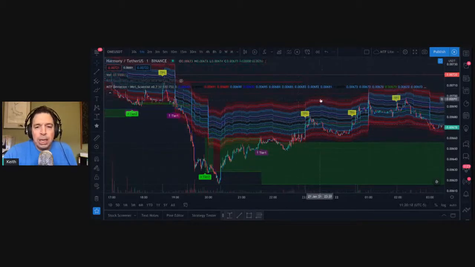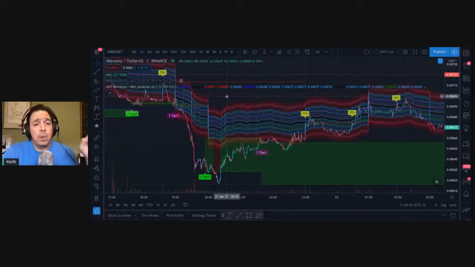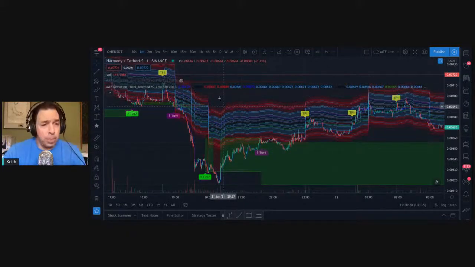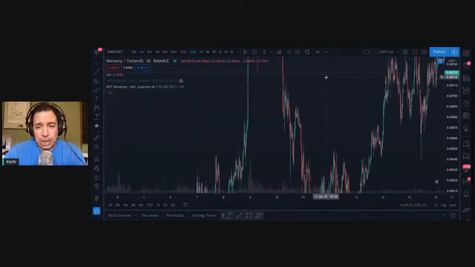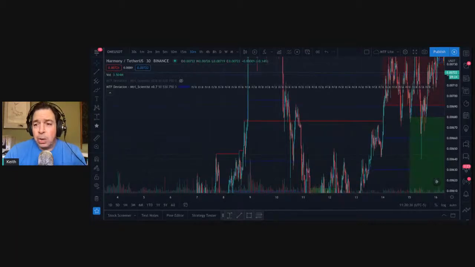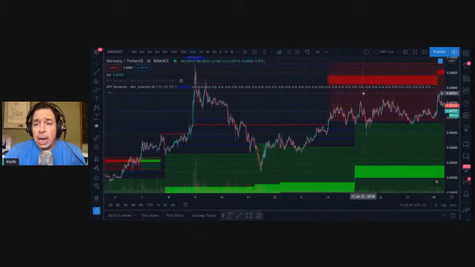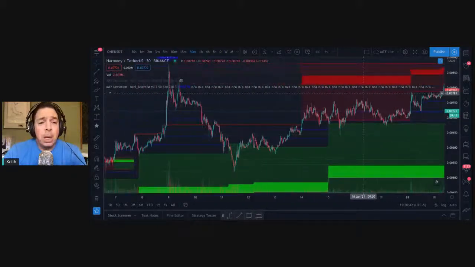So these levels identify the fib levels on this MTF 1 minute chart, and it's only visible here in short time, in these low time frames. If I go to a 30-minute chart, I don't see it, right? And so I will see some of these other shaded areas, and I'll explain what those are in a minute.